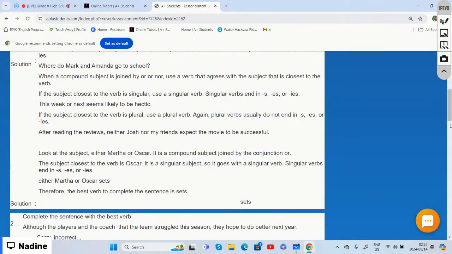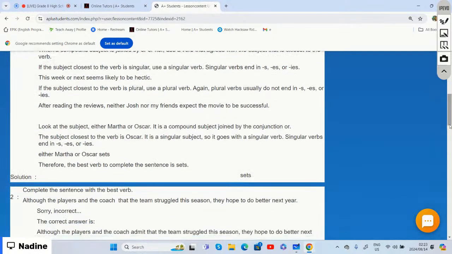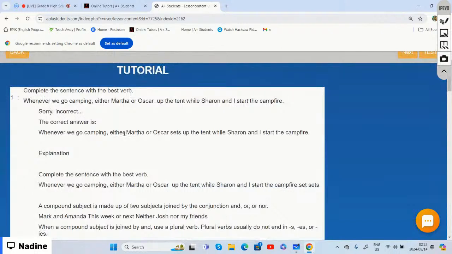All right. So now we're going to complete the sentence with the base verb.